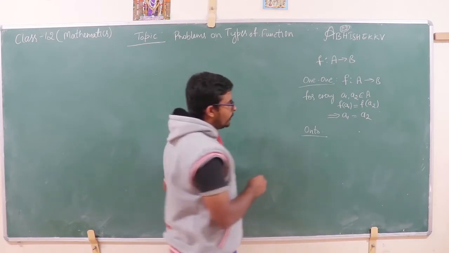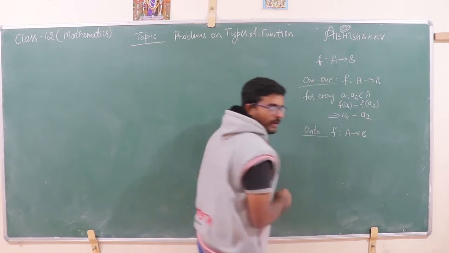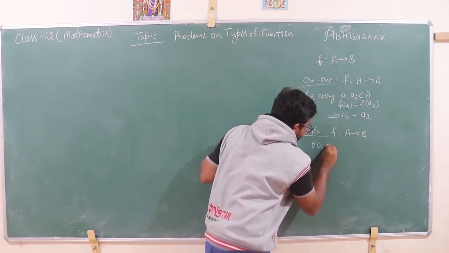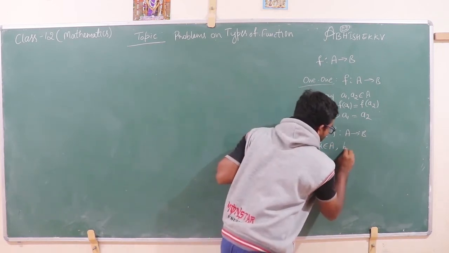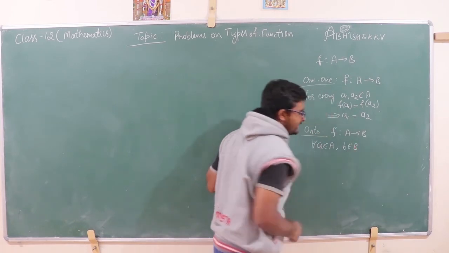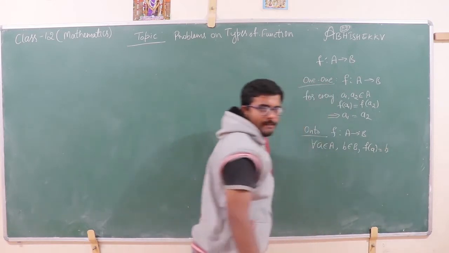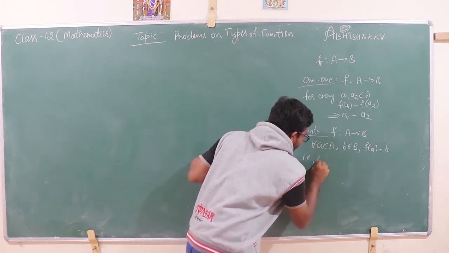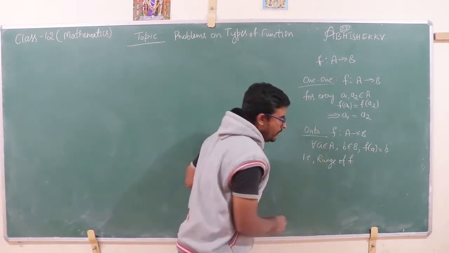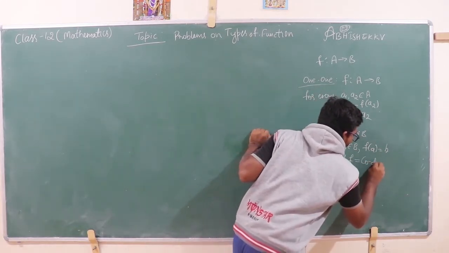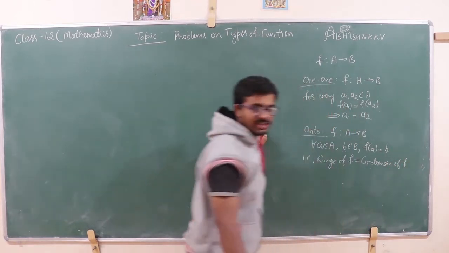Then what is onto? If I consider a function f from A to B, for every a belonging to the set A, there exists an element b belonging to the set B such that f of a is equal to b. That is, the range of the function f should be equal to the codomain of the given function f.